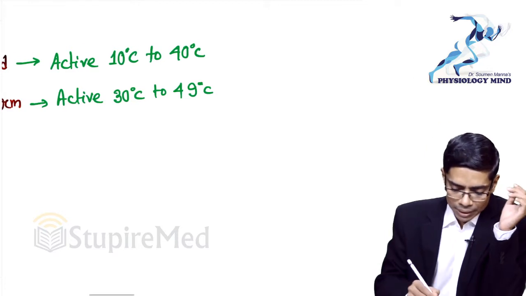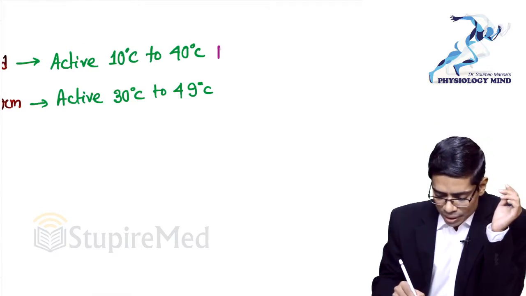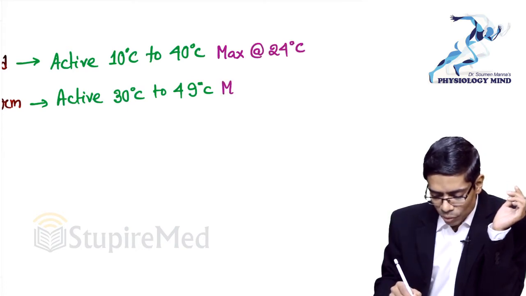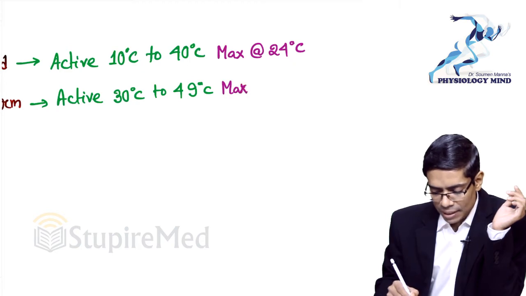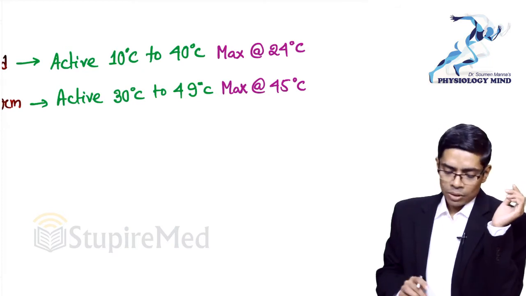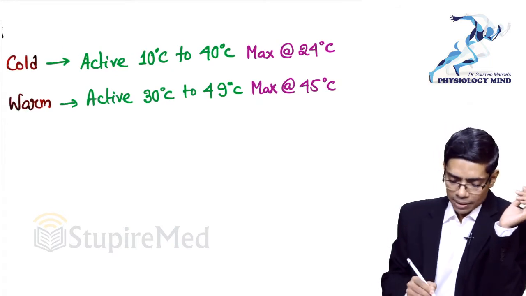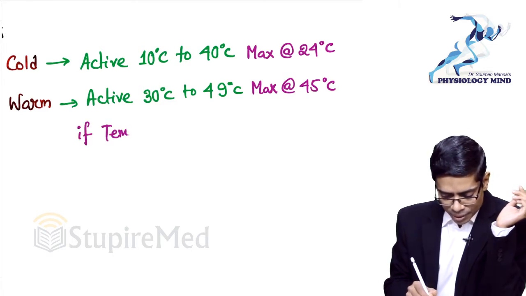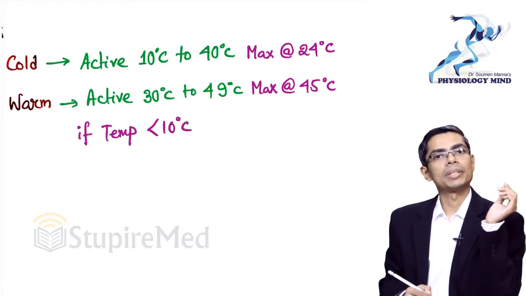But the cold receptor is maximally active at a temperature of 24 degrees centigrade, and the warm receptor is maximally active at a temperature of 45 degrees centigrade. Am I clear? So you may ask, if the temperature is less than 10 degrees centigrade, then what will happen?